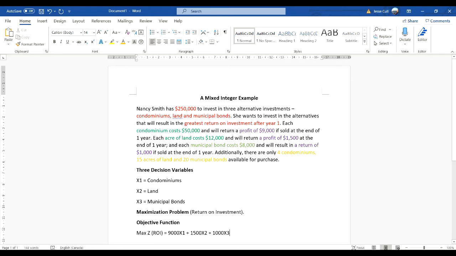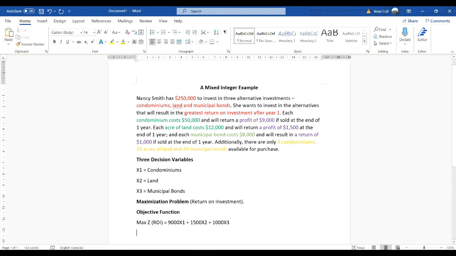So this is our objective function. It highlights the return on investment we can expect depending on how much of each product we decide to purchase. Hopefully, this is clear. Let's move on. After we've created our objective function, we now need to know our, very simply, constraints. So let's highlight that here.